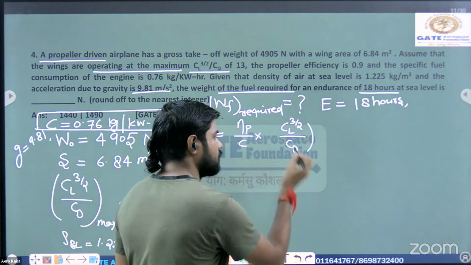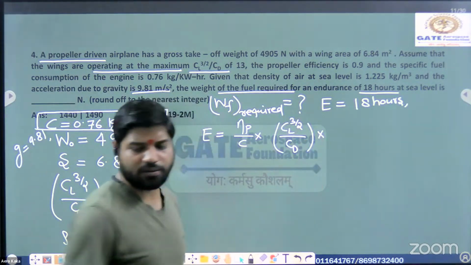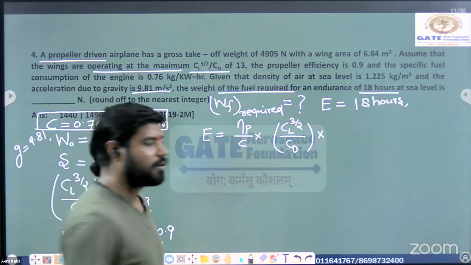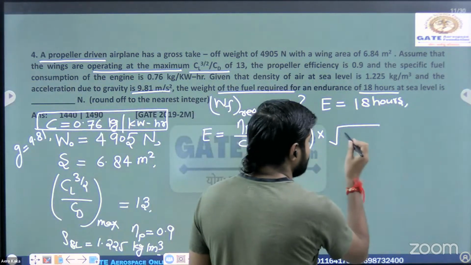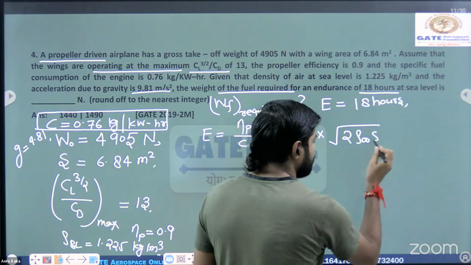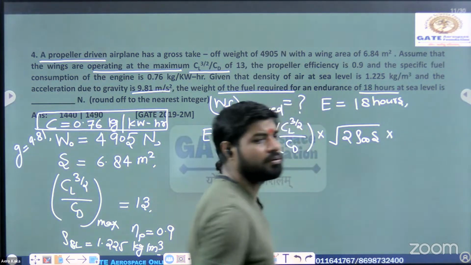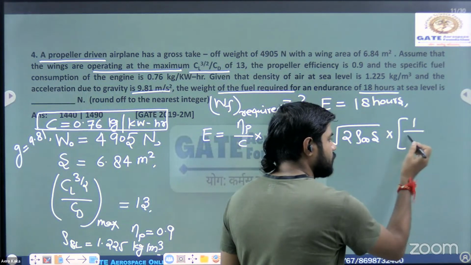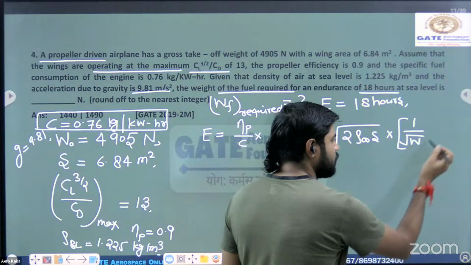Into what is the next term? Root 2 rho infinity S, into 1 upon root W minus 1 upon root W naught.